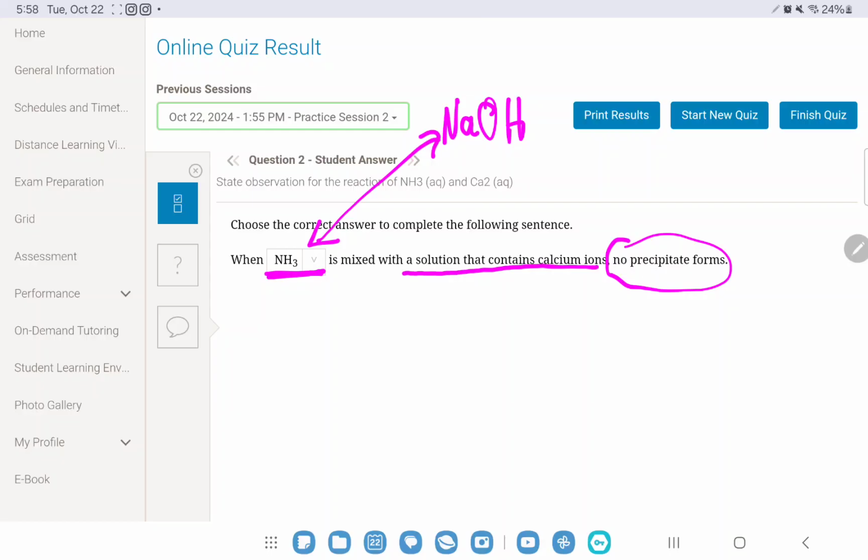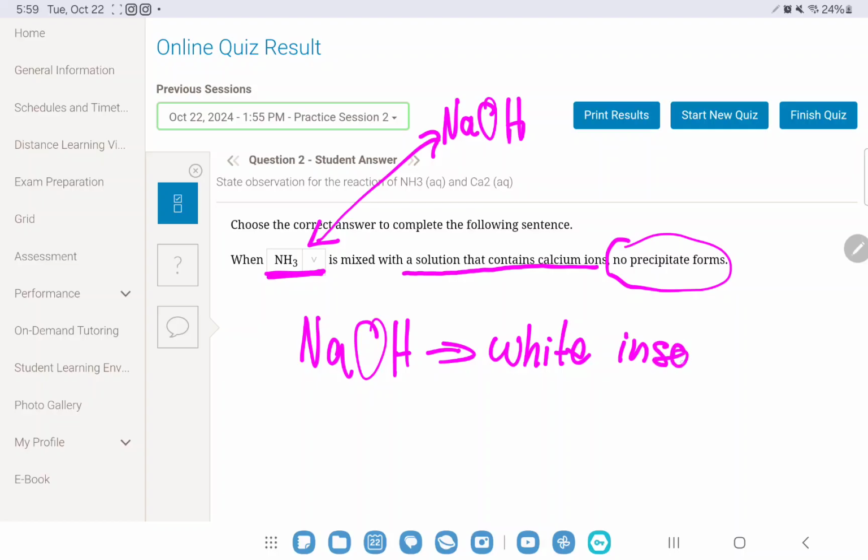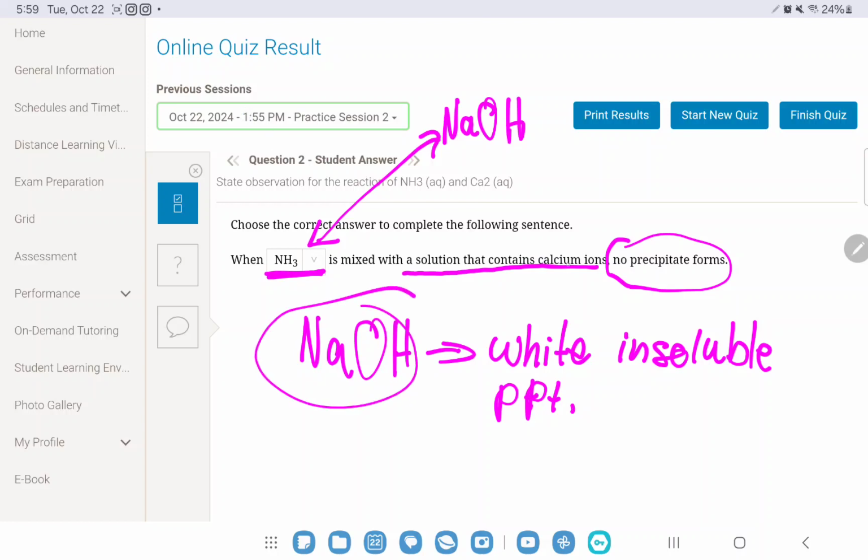But when you mix it with NaOH, it's gonna give you a white, insoluble precipitate, PPT. With NaOH. But with NH3, no precipitate forms whatsoever.